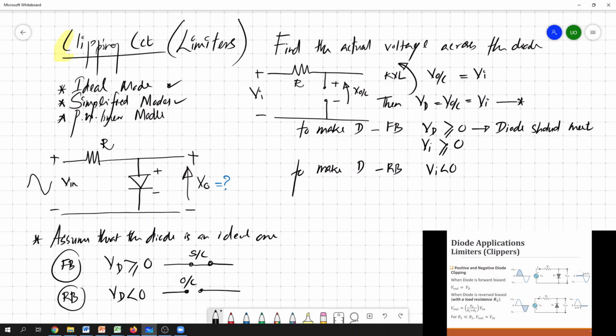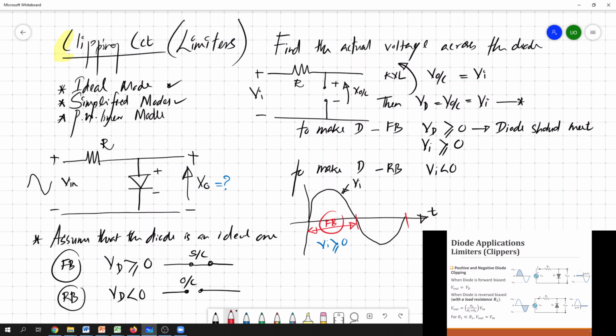Okay, so then we can analyze separately. We'll draw the input signal. This is your input signal, this is Vi. During this region, Vi is greater than or equal to 0, and then we can claim that the diode is forward biased.